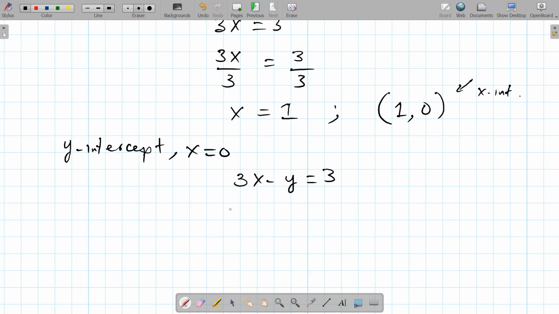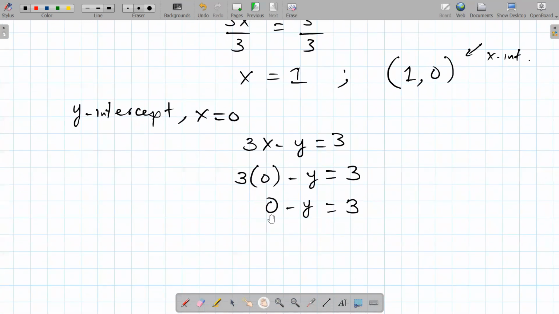All that I do is I set x equals 0 here, minus y equal 3. 3 times 0 is 0, minus y equal 3. Remember, when you subtract anything from 0, your result will be the same, but a negative.